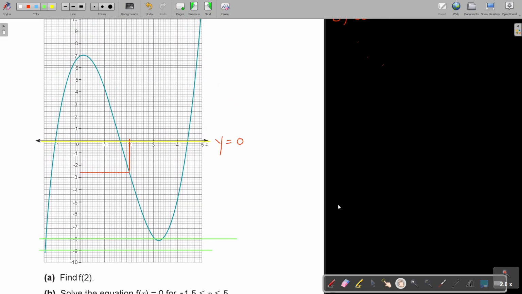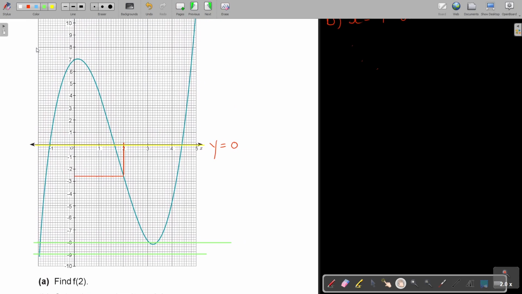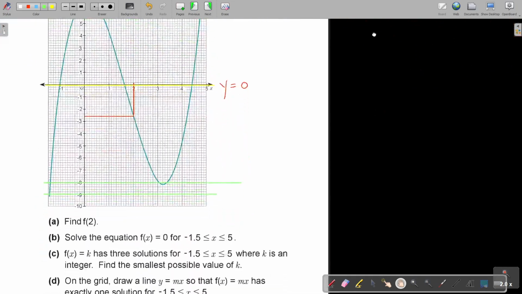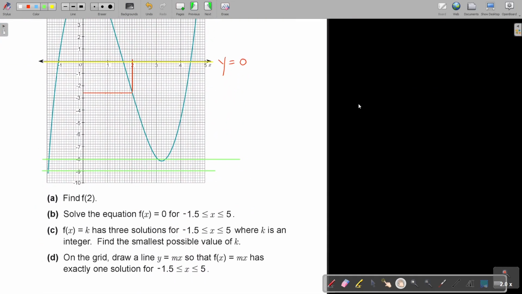Now again, if you draw the line there, it's only cutting once. But as soon as 7, it's cutting 3 times again. But what is the question saying? There's 3 solutions.